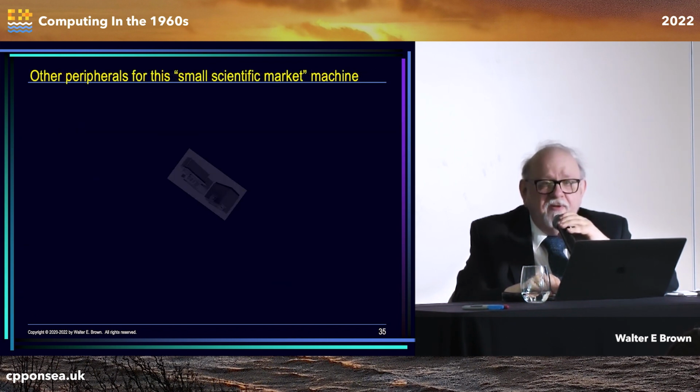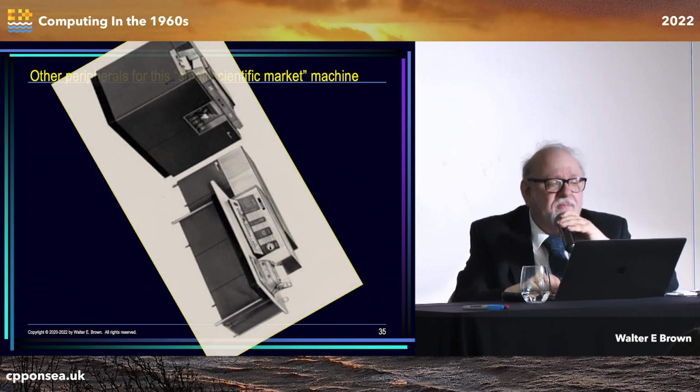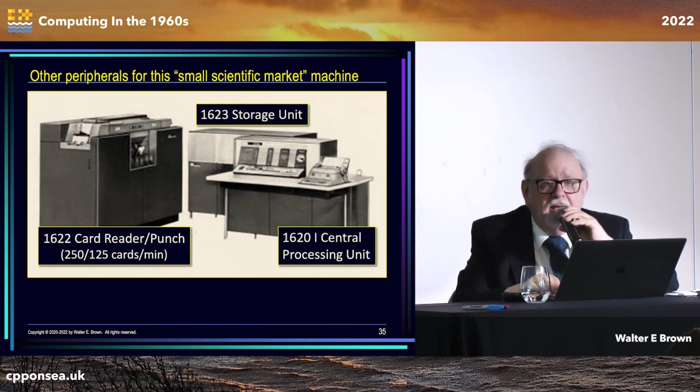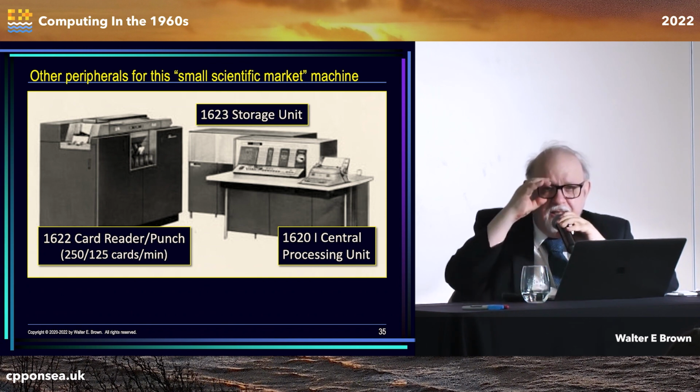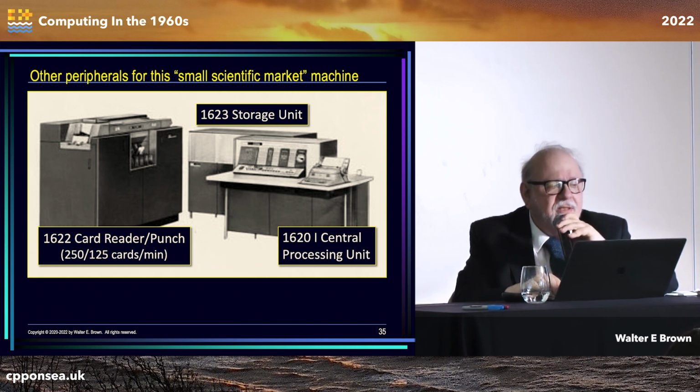Of course, there were other peripherals available as well. Here's a picture. I have a little bit of a problem with this photograph. Whoever assembled it, I think, did a little bit of damage. The card reader punch was not bigger than the main console, certainly not taller. But this image gives the wrong impression.